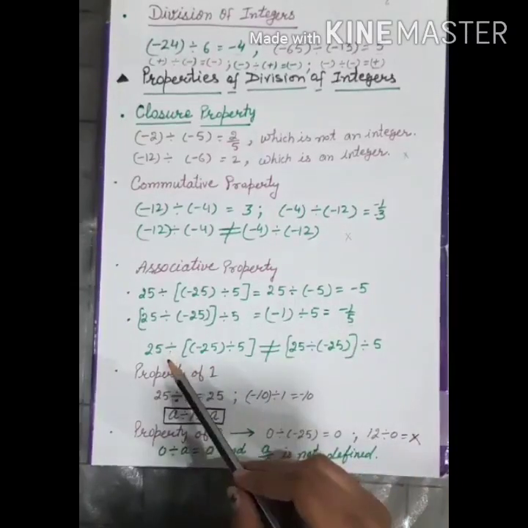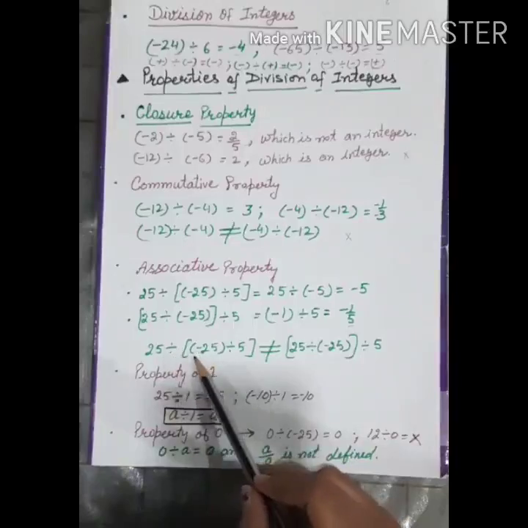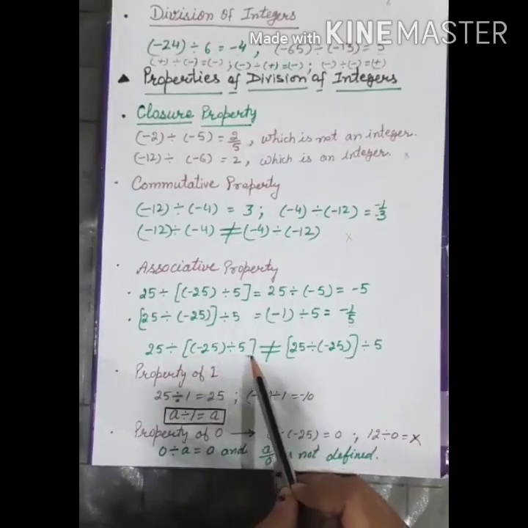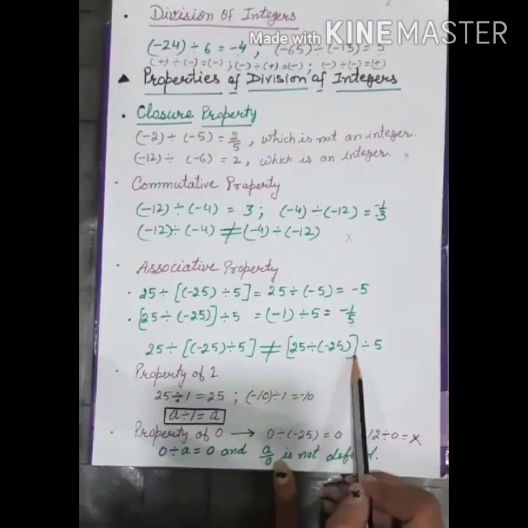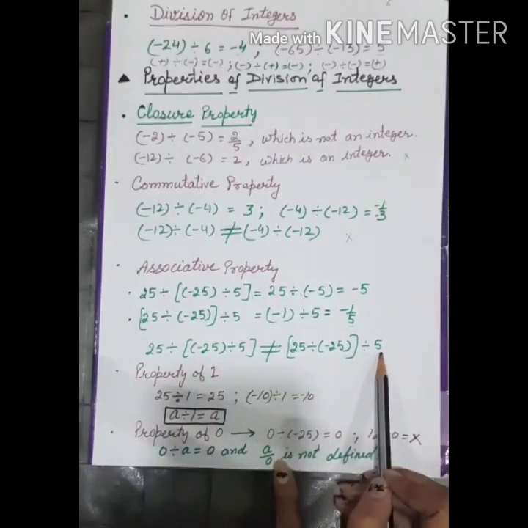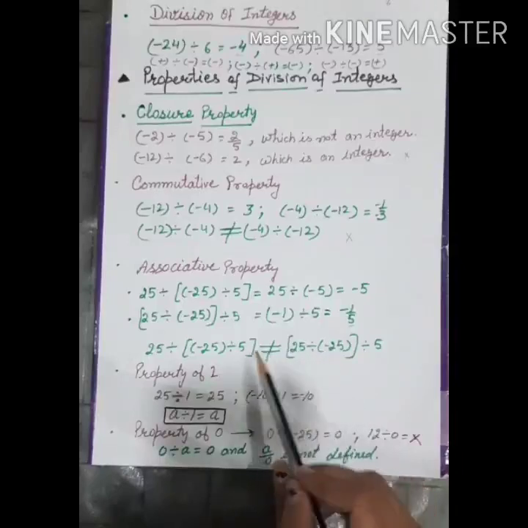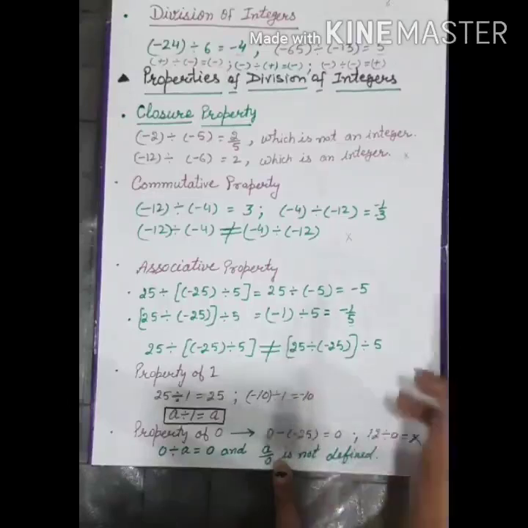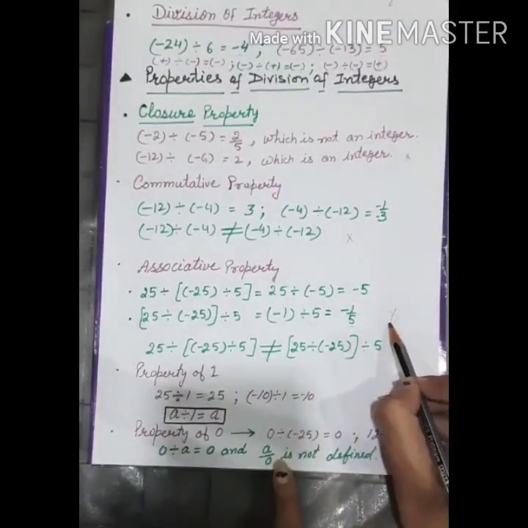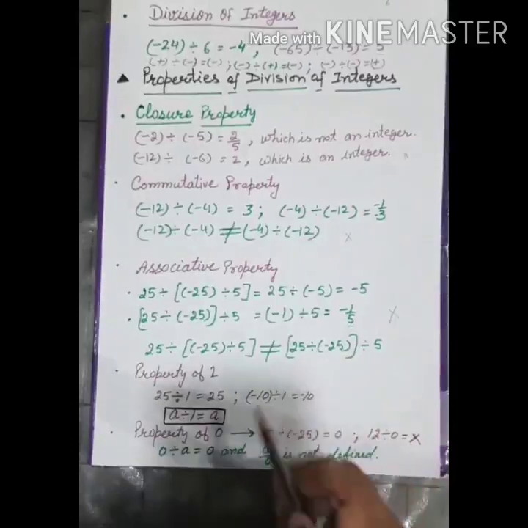We find that the two results are not equal. Here we see that the result of division changes when we change the grouping of integers. Therefore, integers are not associative under division.